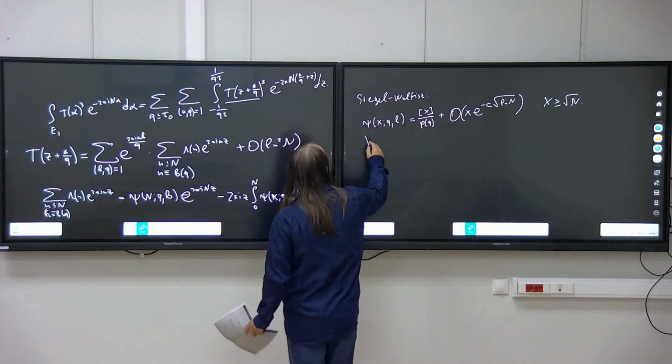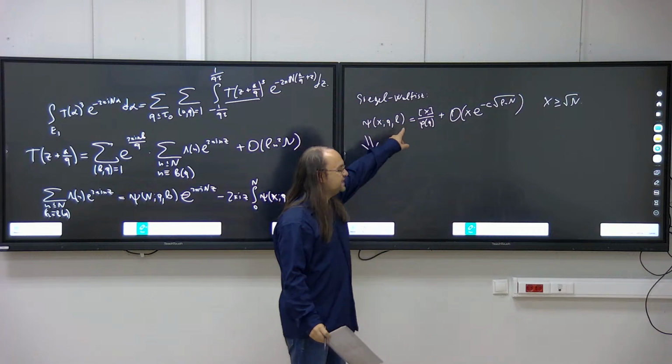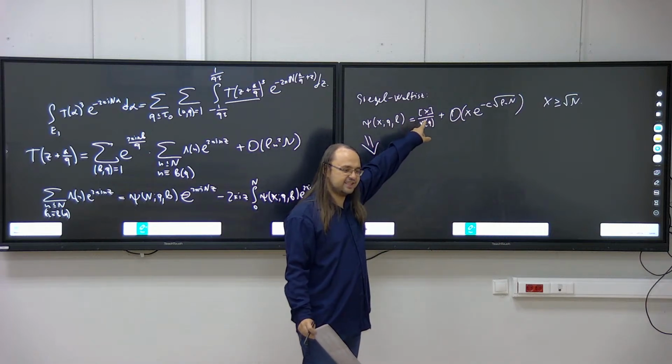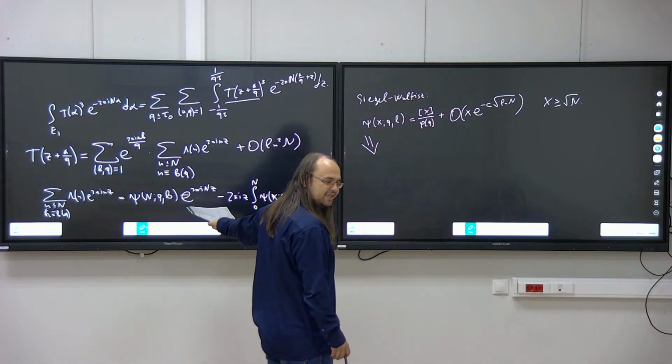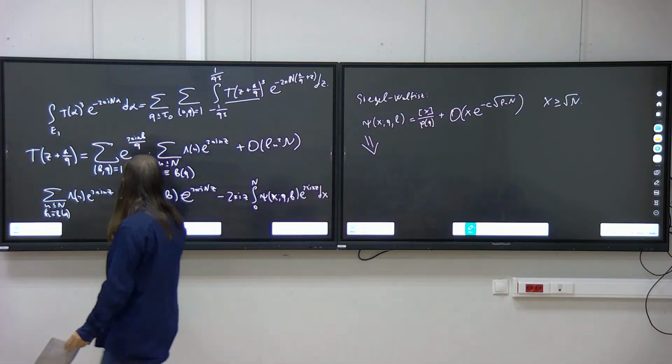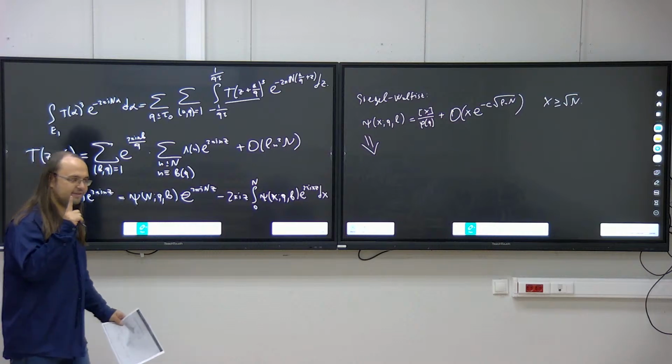So when you substitute, why do I need this integer part? I need this integer part so that I can substitute it back and replace lambda here with 1.